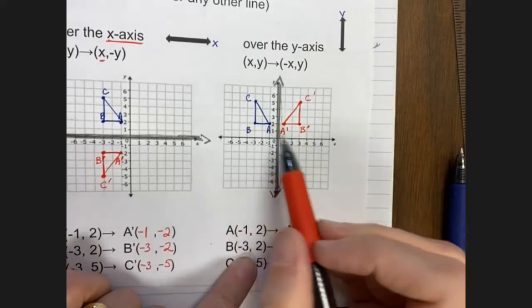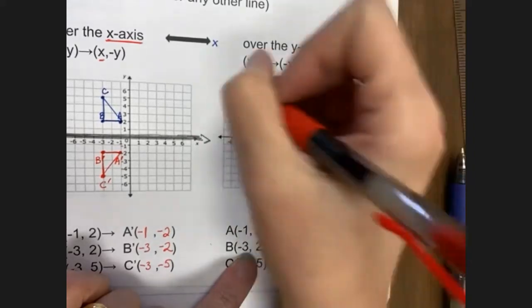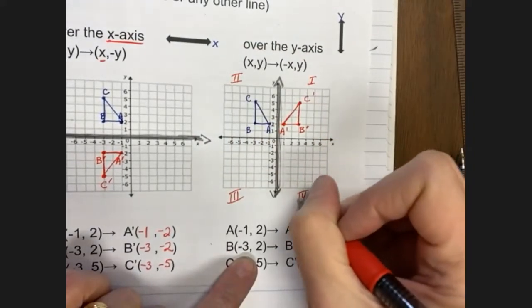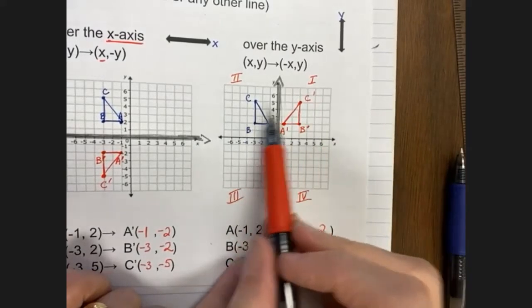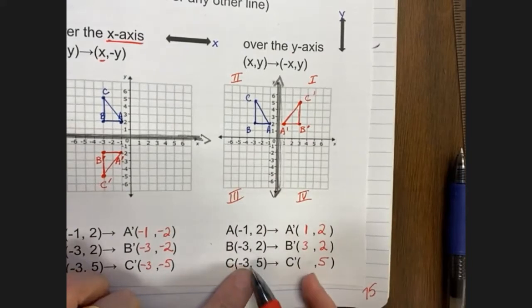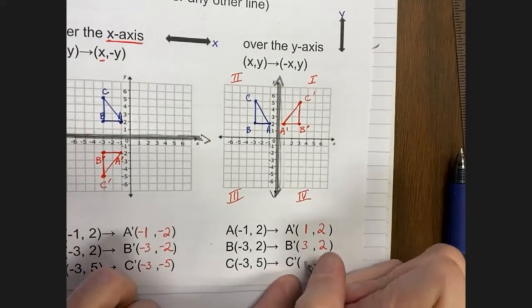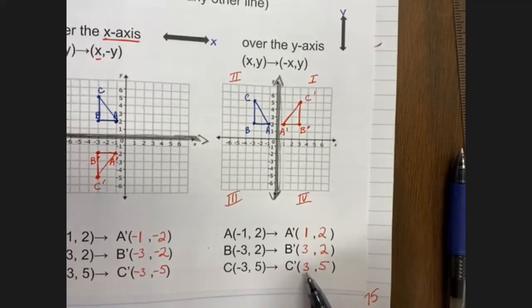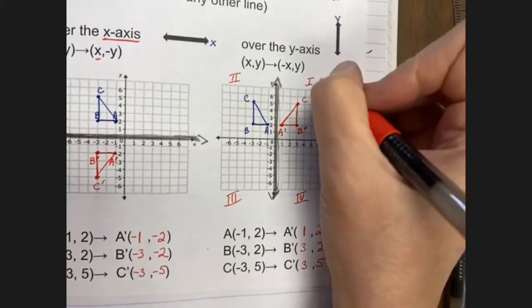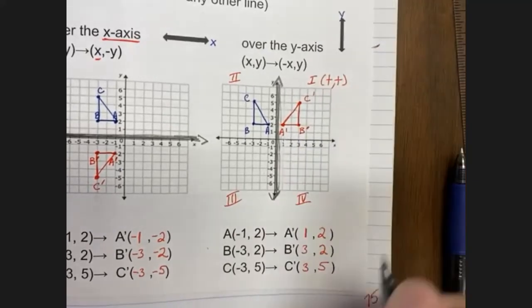So we're going from quadrant, and I don't know if you remember your quadrants, 1, 2, 3, and 4, but I'm reflecting, so I'm going from quadrant 2 to quadrant 1. These points are all located in quadrant 2. These points, as you can tell, are all going to be located in quadrant 1. So that's another way to check yourself. I know that this is always going to be my positive quadrant.